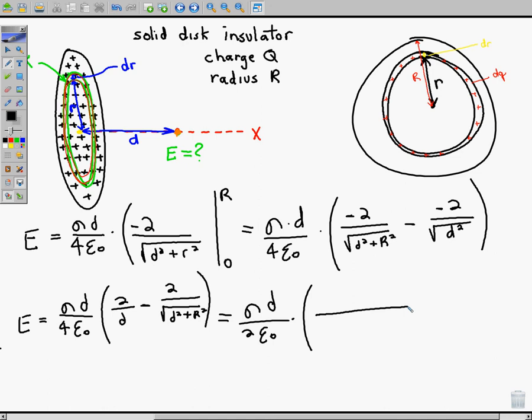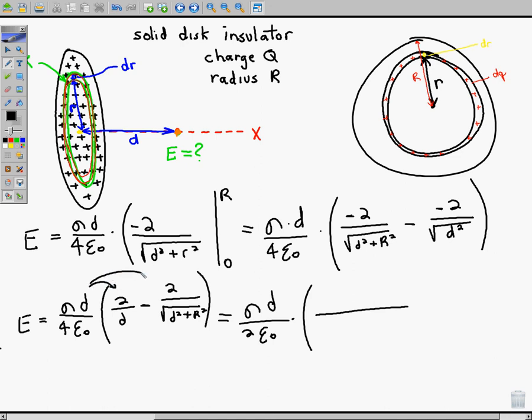Oh, I don't think we should combine it. You know what I'm going to do? I'm going to distribute the d. That's the only thing I did. I'm going to distribute that d right here.